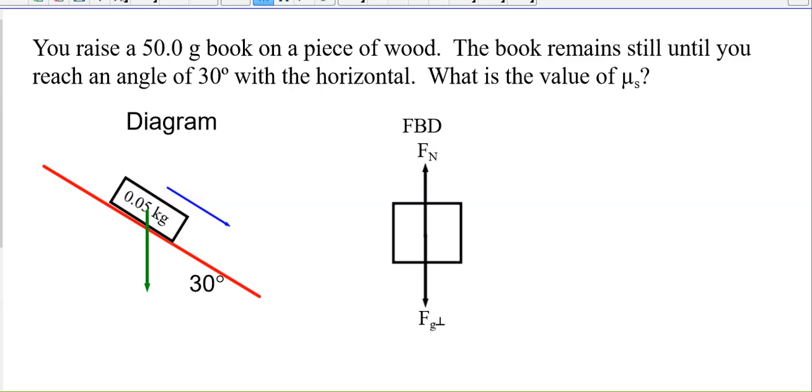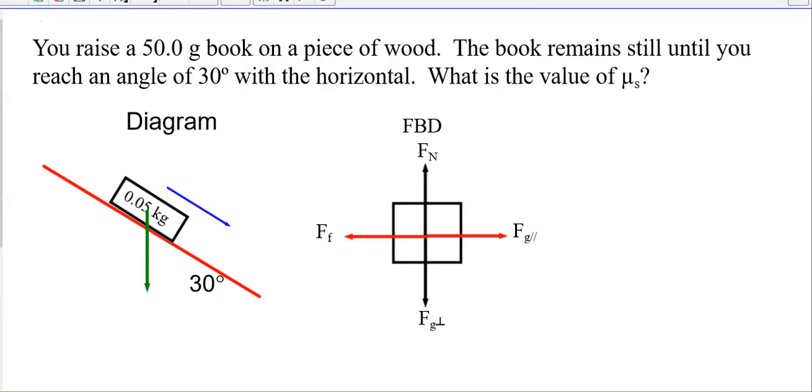I didn't draw that on my plane here, but my normal force would go straight up in this direction. So my normal force is still part of my free body diagram. And my weight is not going to be straight vertical anymore. If I rotate the axis by 30 degrees, I'm going to be working with my perpendicular component of the weight. So the little subscript down there is pretty important.